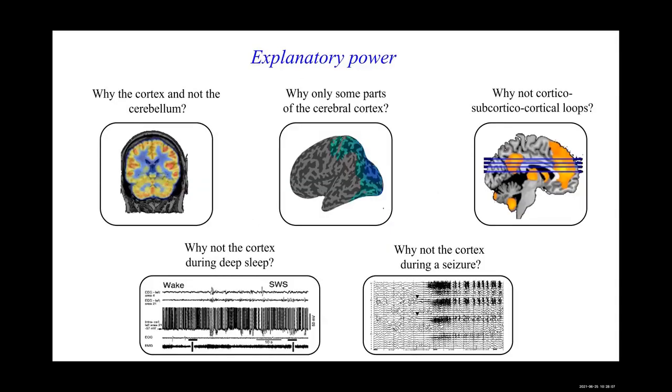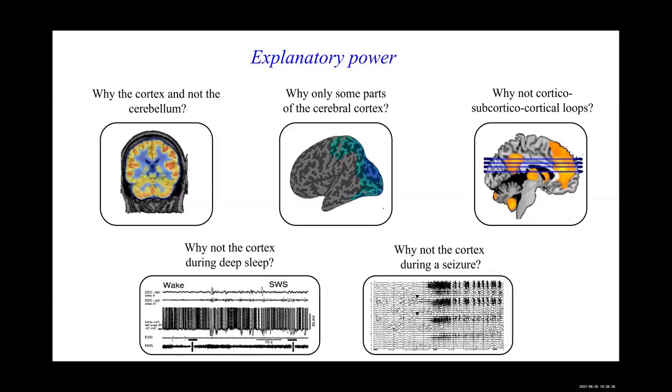For instance, you need to account for why the cerebral cortex, or at least parts of it, is critical for consciousness. Other parts of the brain are equally or more complicated, depending on how you count. For instance, the cerebellum has 5 times more neurons than the cerebral cortex. Why is it irrelevant for consciousness? You take out the cerebellum surgically, and consciousness basically does not change.